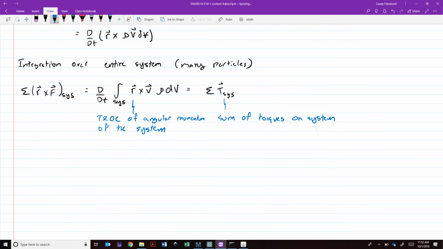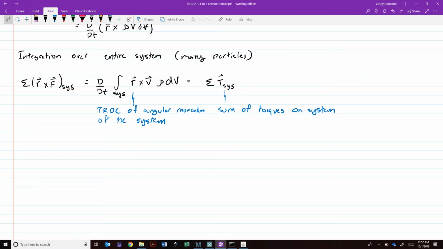Okay, well, just as before, if we pick an instant in time, we can say our system at that snapshot in time makes up the entirety of the contents of a control volume. So the sum of the torques on the system is the same thing as saying the sum of the torques on everything inside of a control volume, the sum of torques on control volume contents, which begets an application of the Reynolds transport theorem.